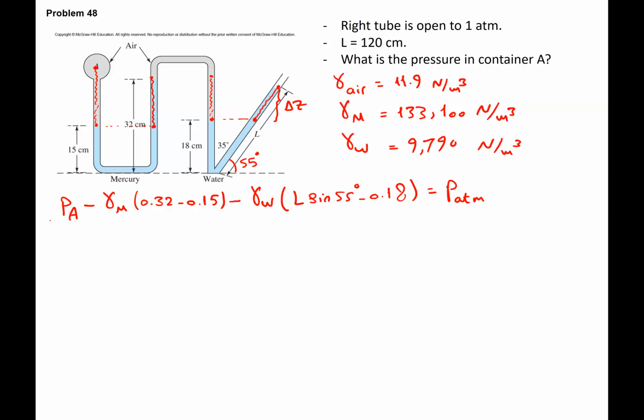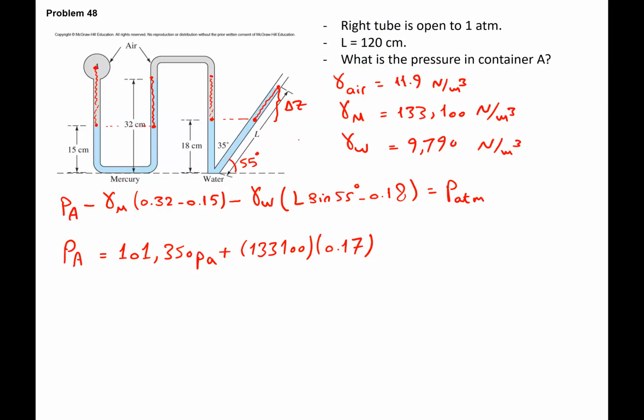Remember, we are after this PA, so I say PA equals atmospheric pressure, 1 atmosphere, which is equal to 101,350 Pascal. This is this term here, atmospheric pressure, and these two terms will be transferred to the right side, so this negative sign will be converted to positive, plus gamma of mercury, which is 13300, times h of mercury, which is 0.17.